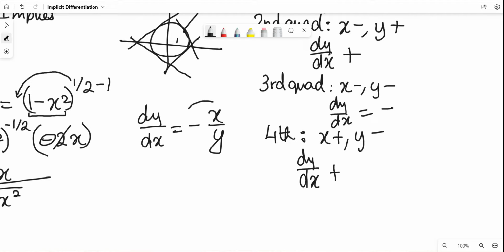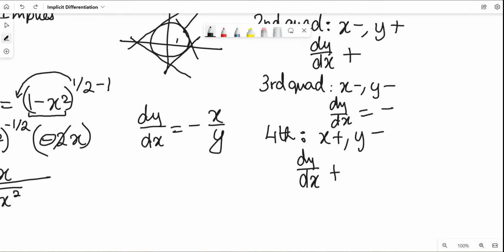And so this description is actually correct for the gradient of the circle at any point. And to find the gradient of the circle, you need both x and y, because usually you only get the x coordinate in questions we've encountered so far.